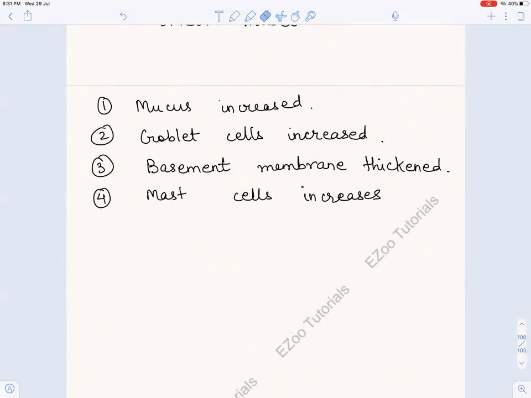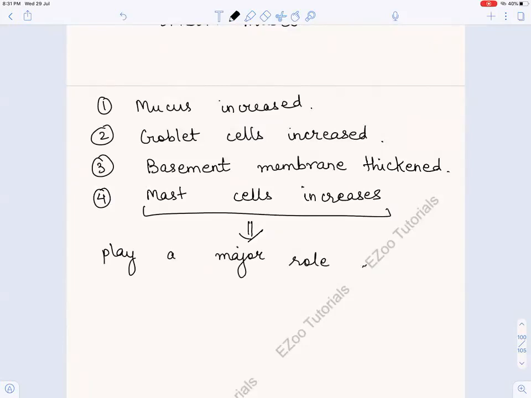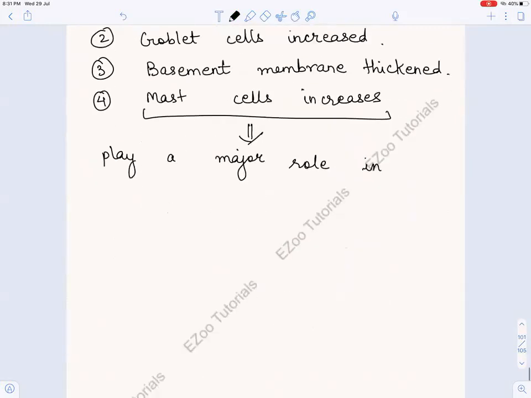Now I have to tell you about these mast cells. Why are they increasing? They play a major role in airway obstruction, because asthma is airway obstruction.